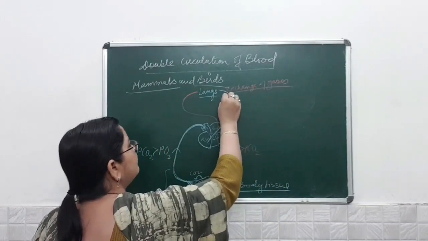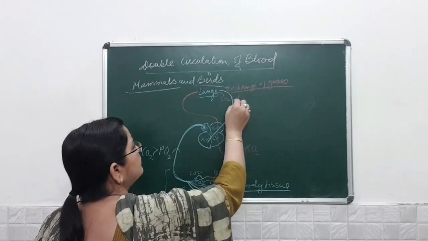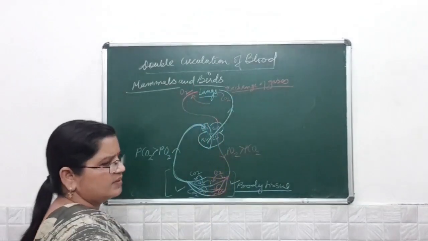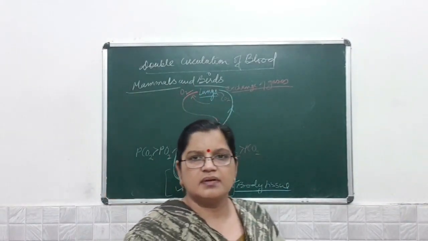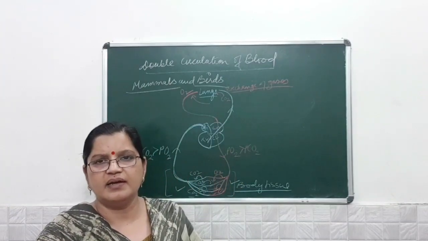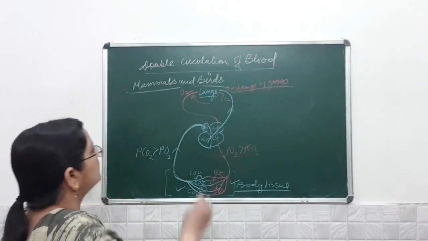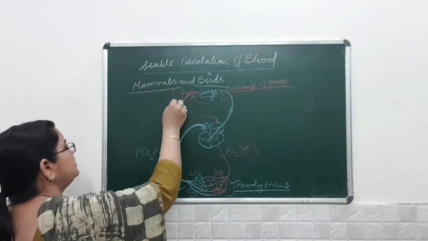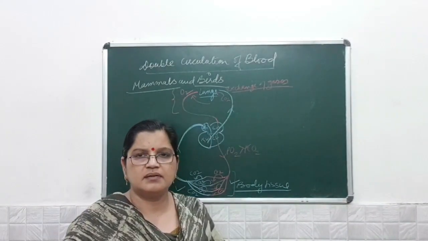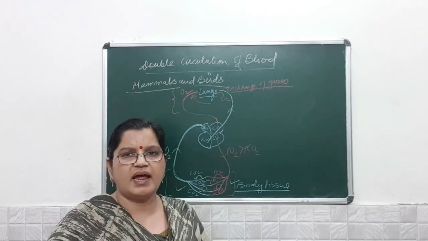CO2 is removed and oxygen is absorbed. The exchange takes place between the alveoli and blood capillaries. This exchange also takes place due to partial pressure of oxygen and CO2.